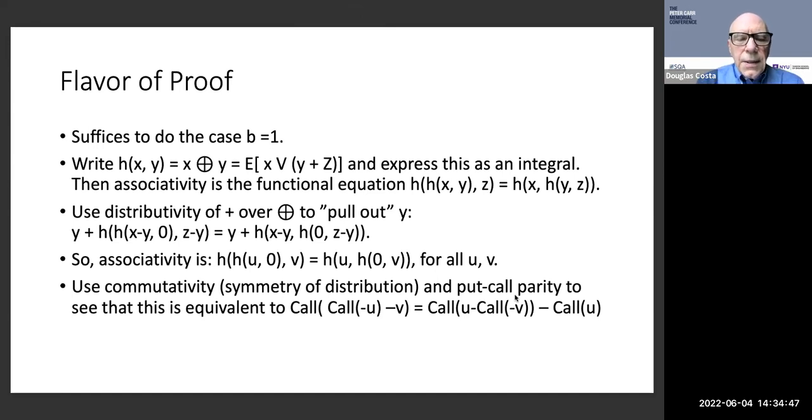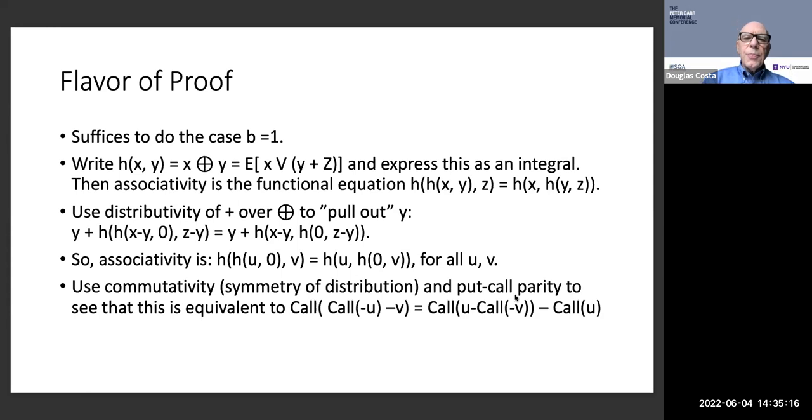And then I'm going to write the pseudo sum as this function of two variables h of x, y, express it as an integral, and assume associativity. Now, if you assume associativity, as a bonus, you get commutativity by the Aczel result. And so we use commutativity, which implies symmetry of z, the distribution of z.